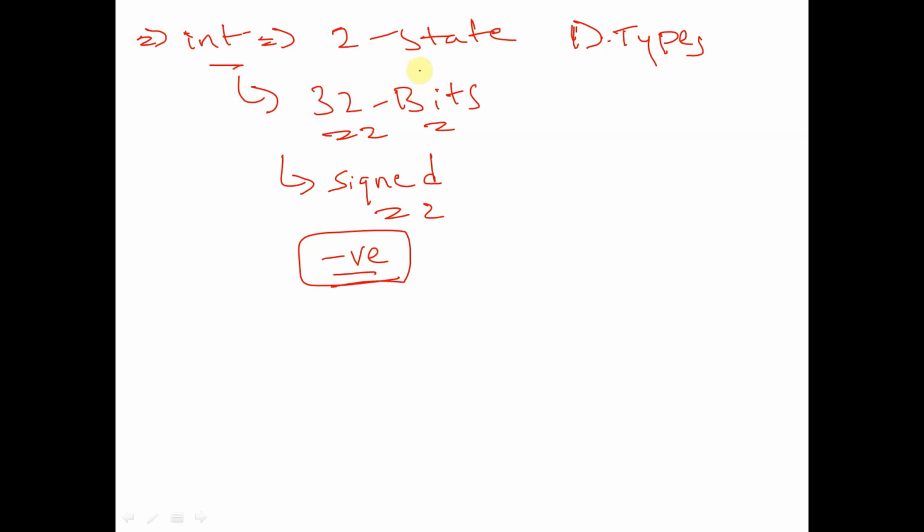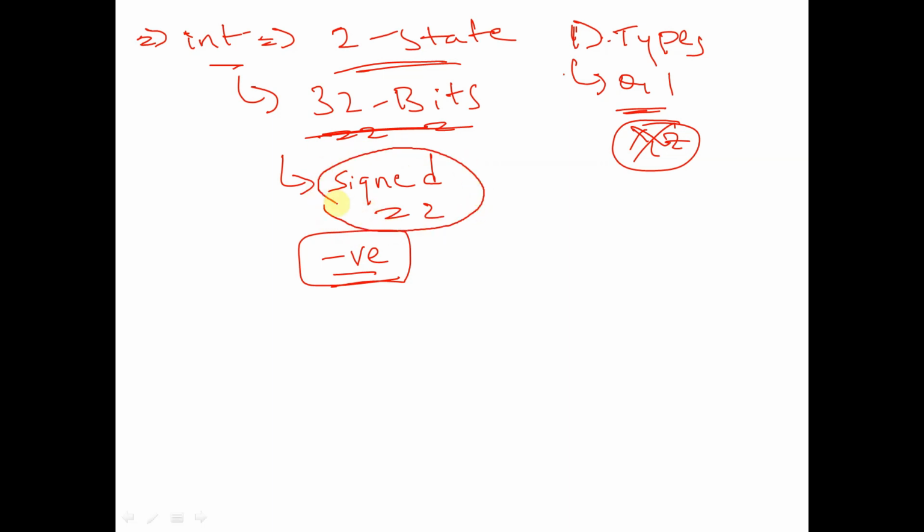So this int data type is a two-state data type. That is, it can store 0 and 1. It cannot store unknown and high impedance values. And the default size of this int data type is 32 bits, and it is signed. That is, we can store negative values also in this int. For example, if we declare int A, what is the size of A?